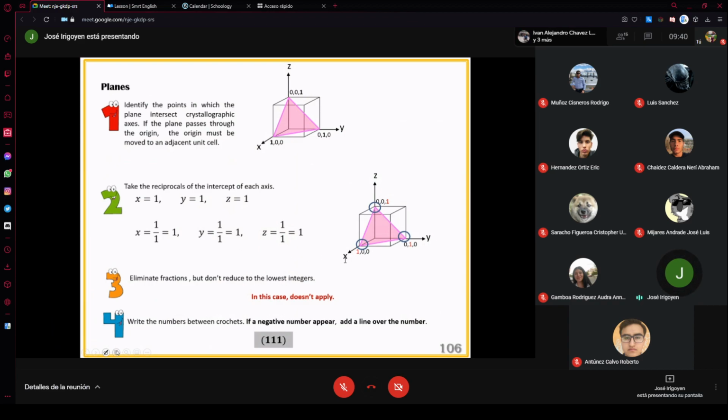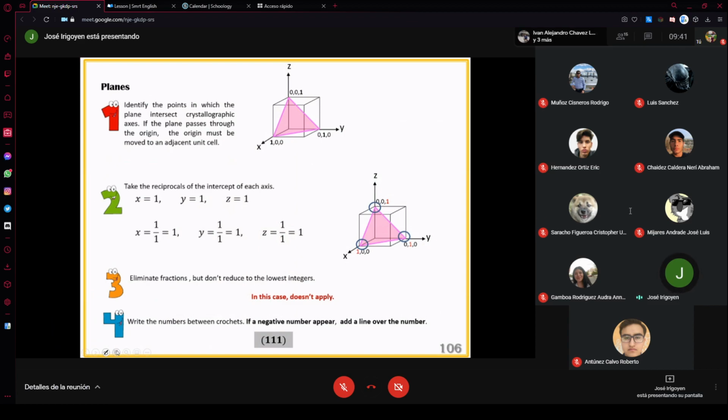So these planes permit differences in mechanical properties. And also the planes are going to be useful to identify crystalline structures using X-ray diffraction.